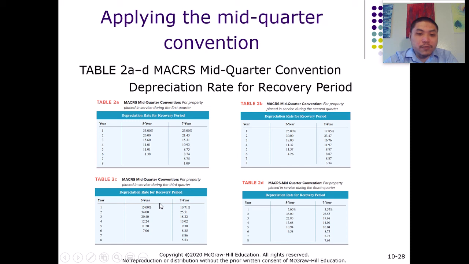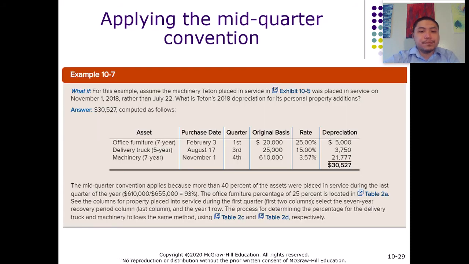So the rate is going to be 15%. We take $25,000 times 15%, and that gives us the depreciation expense for the first year. And then for the last item, we just follow the same process. This item is placed into service in the fourth quarter.